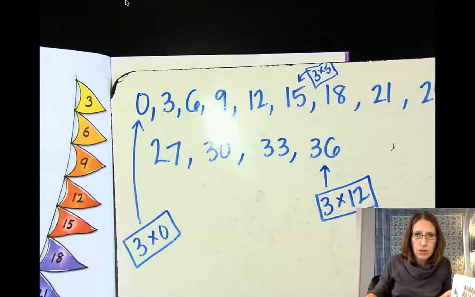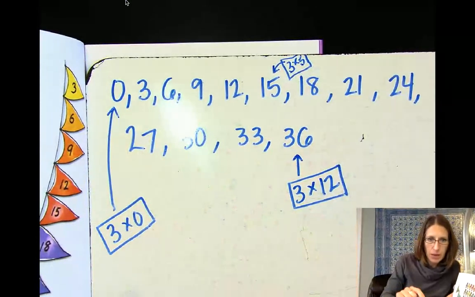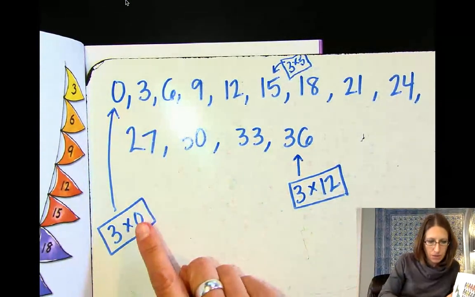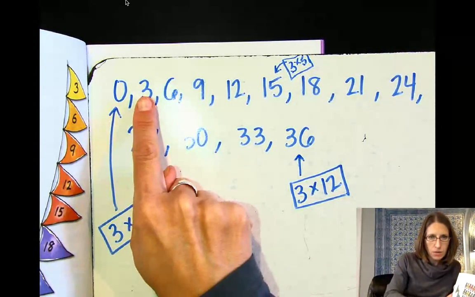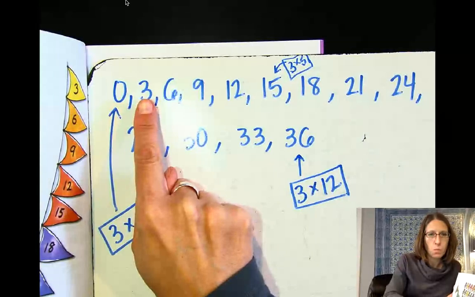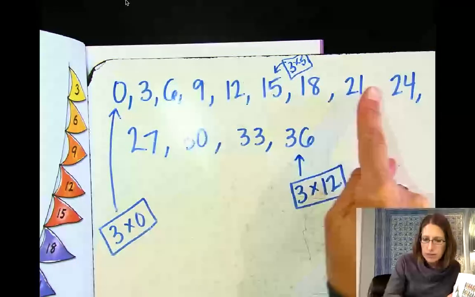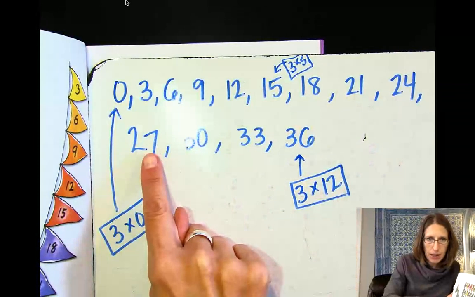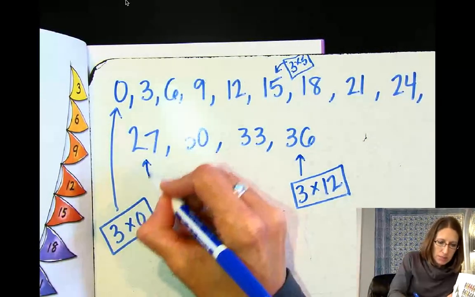If I wanted to use my skip counting pattern over here, I'm going to start here, because this one is 3 times 0. So we don't have 0 rows. This would be 1 row. 1, 2, 3, 4, 5, 6, 7, 8, 9. So this one would be 3 times 9.